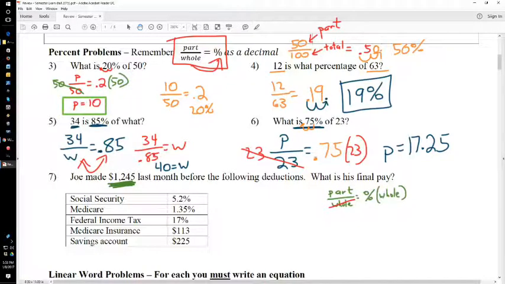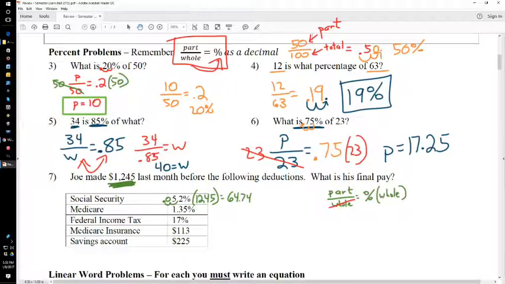So here we go. Number 1, the Social Security. I'll start off by moving the decimal point over twice, so 0.052. So 0.052 times 1245 equals 64.74.